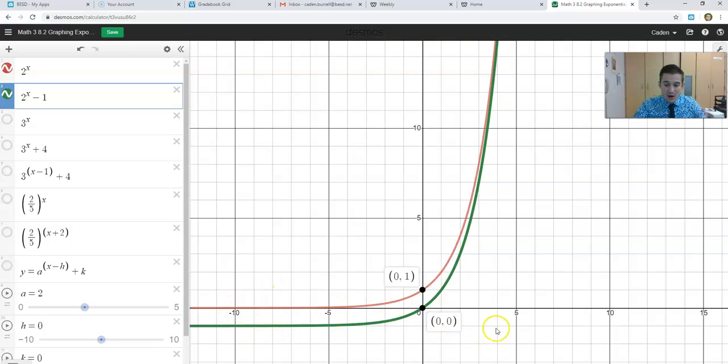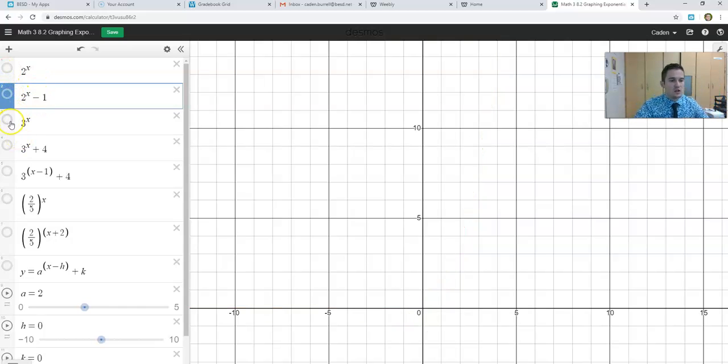And notice now that the horizontal asymptote is at y equals negative 1, instead of y equals 0. And now the range goes from negative 1 to positive infinity. So that negative 1, that k value, is going to drop my graph down 1 unit.